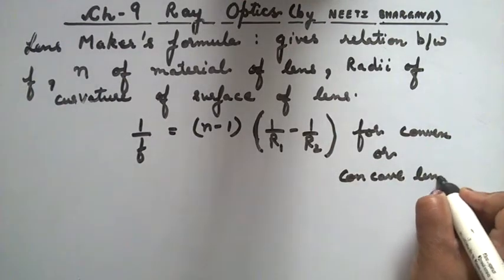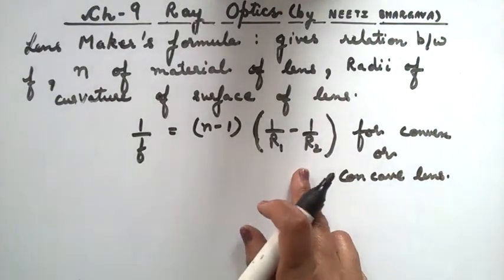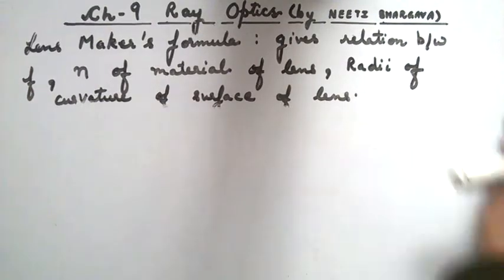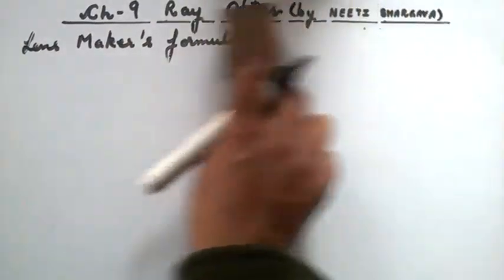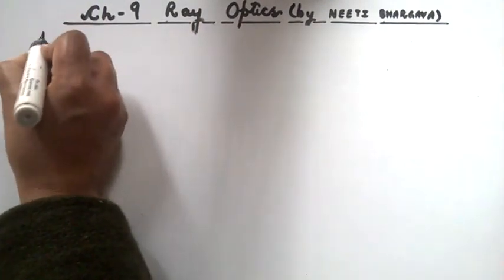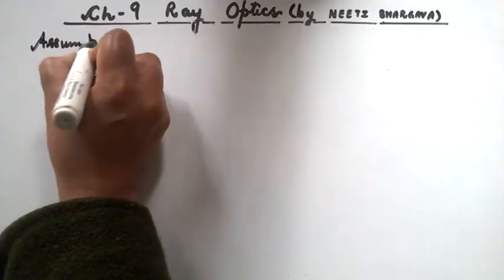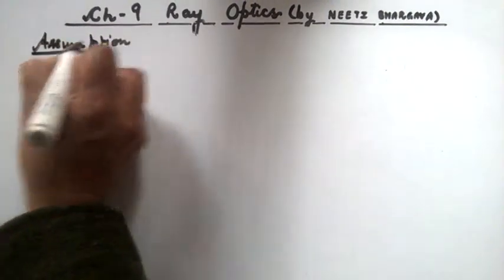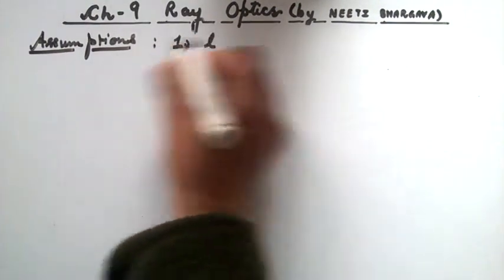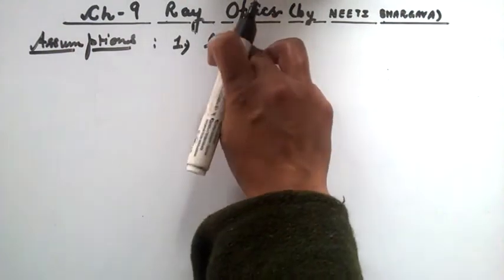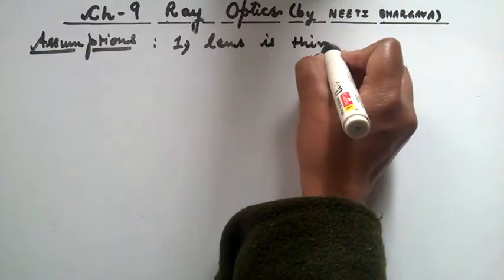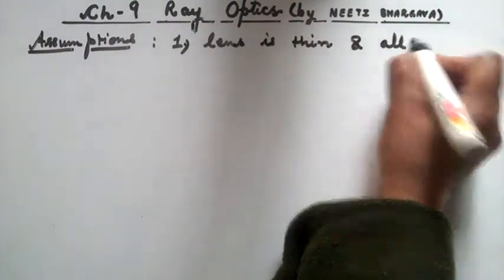So in order to derive this Lensmaker's formula, we take some assumptions. These are: we assume that the lens is thin, and all distances are measured from the optical center.